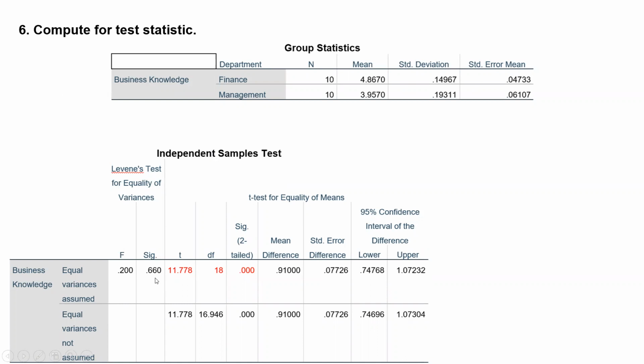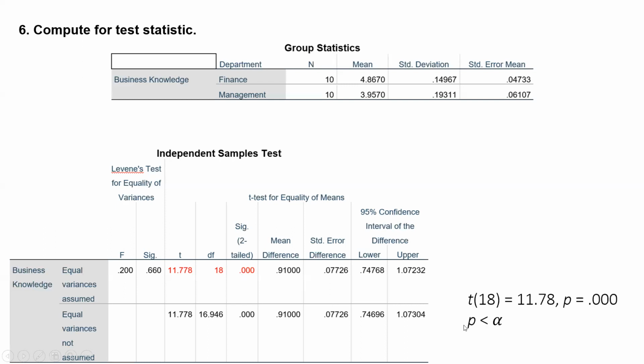The sig of the Levene's test is larger than 0.05. Therefore, we will report the t, the df, and the sig two-tailed of the equal variances assumed like this. And again, take note, in reality, it should not be red. I just place it in red for emphasis.